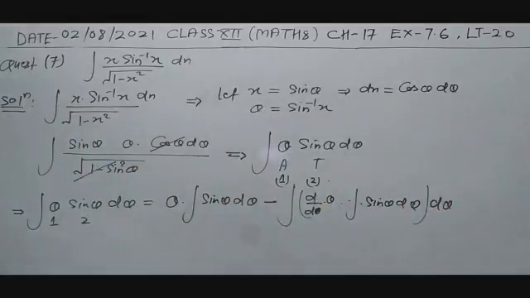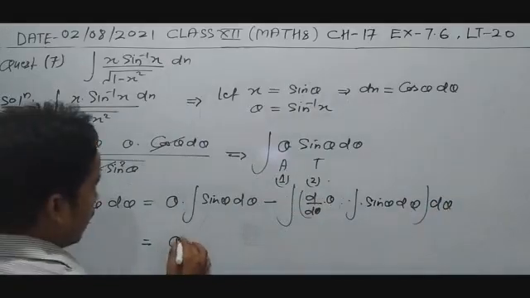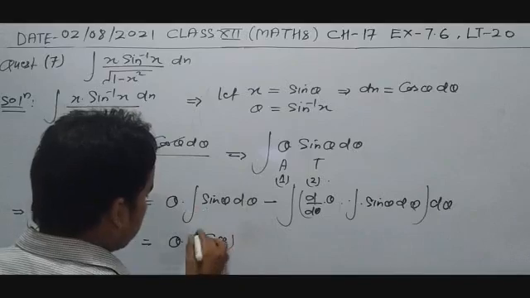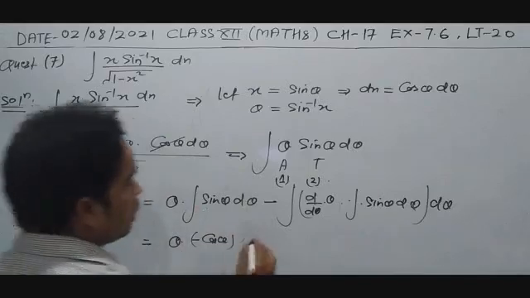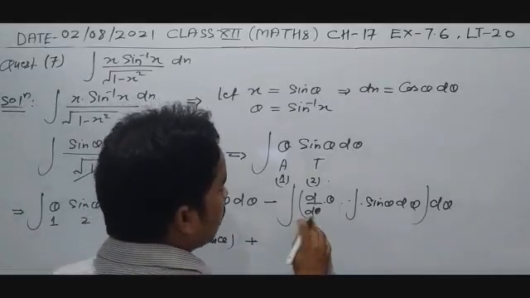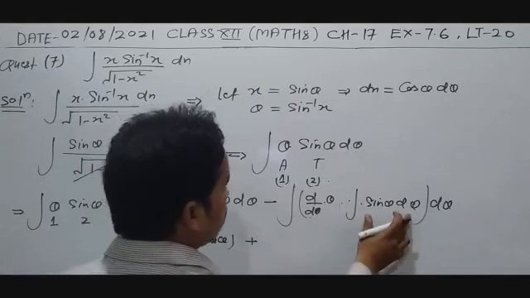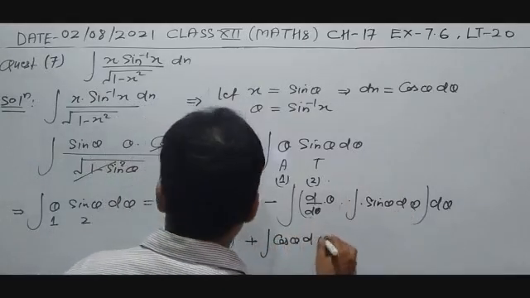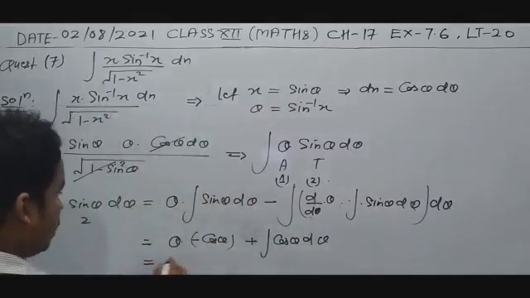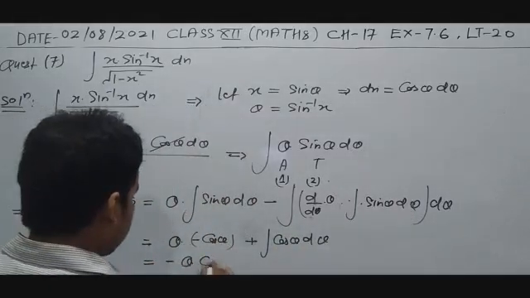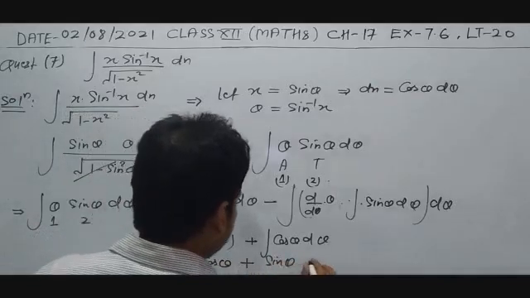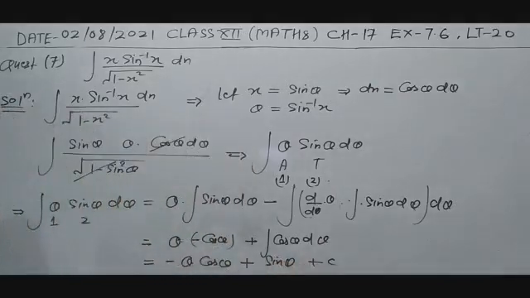This is the function we have to simplify. Now theta times sine theta integration is minus cos theta, and now d by d theta of theta result is 1 and minus cos theta. This will be plus integration over cos theta d theta. Now answer will be minus theta times cos theta plus sine theta, now plus c.